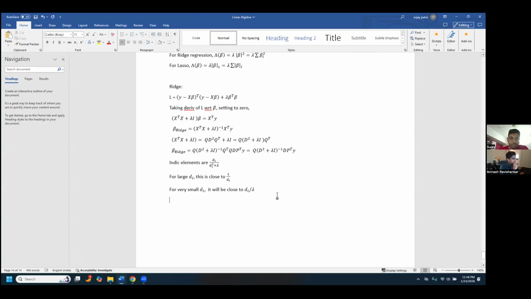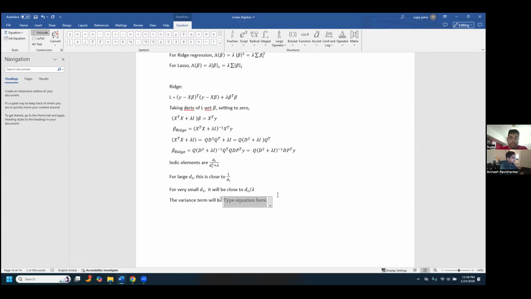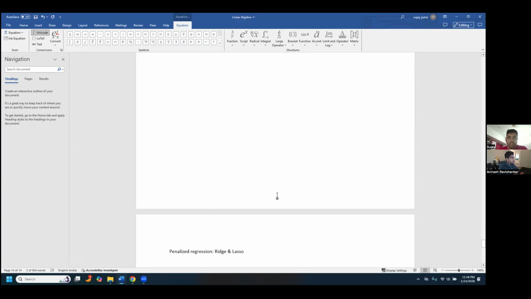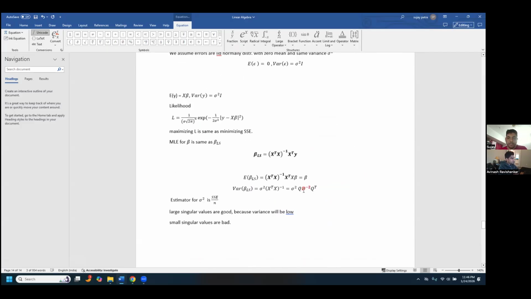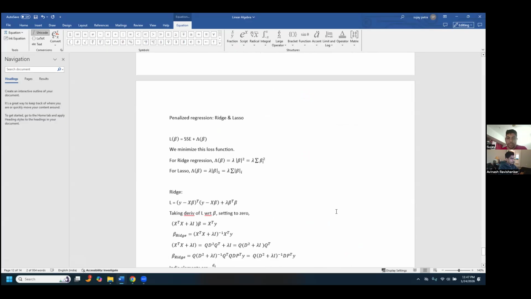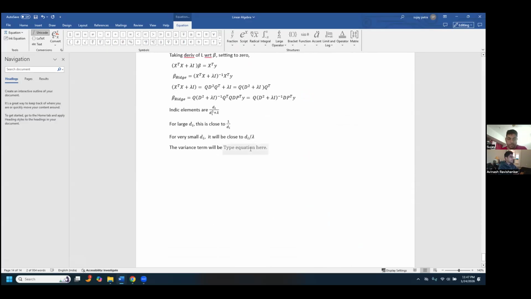And the variance term will be, so earlier we had Q D to the power minus 2 Q transpose, right? It will be the same thing, except that D to the power minus 2 will have that plus lambda kind of thing inside.